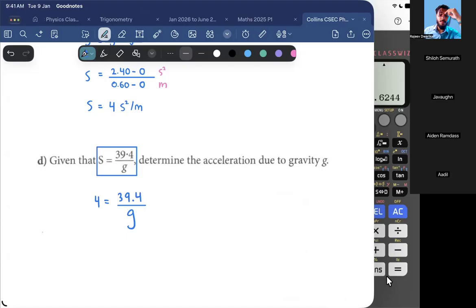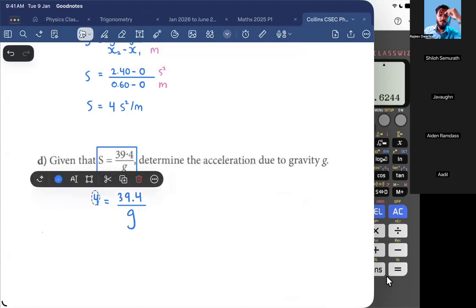There are two ways you could do this. Are you all familiar with cross multiplication? Alright. I could write 4 as 4 over what, Adil?